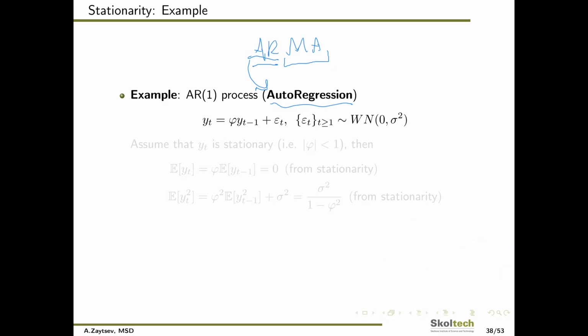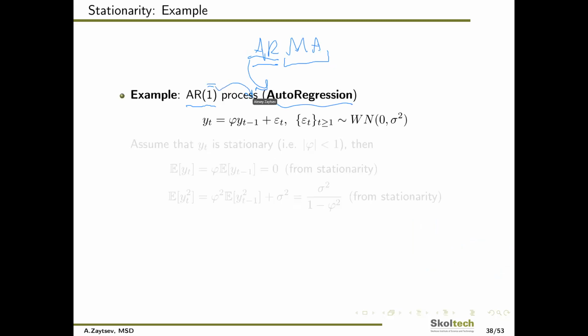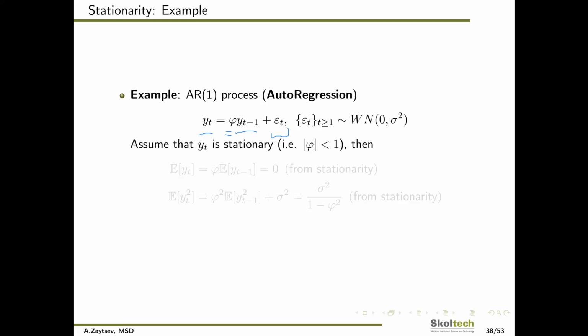If we consider a first-order autoregression model, first order because we look at only one term in the past, the same as moving average 1, where we look only at the first term in the past, we can say that each yt is yt minus 1, the previous value, times some phi, plus, again, a white noise process. If we assume that yt is stationary, which is equivalent to the absolute value of phi being smaller than 1, then we have this requirement for the mean value and for the covariance value.